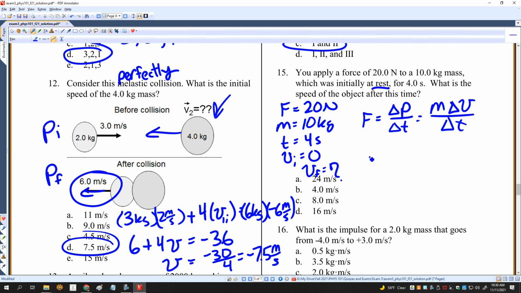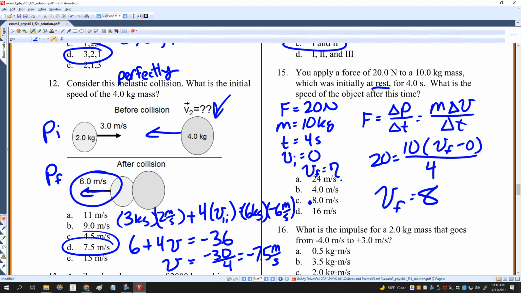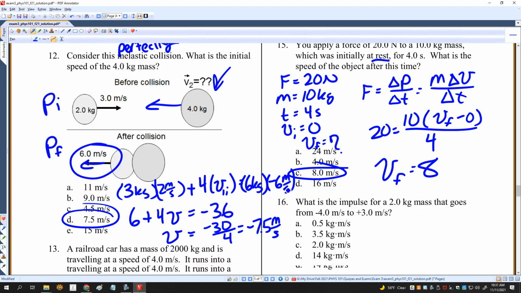That's going to be 20 equals 10, that's the mass, times vf minus 0 divided by our time, which is 4. So vf is 8.